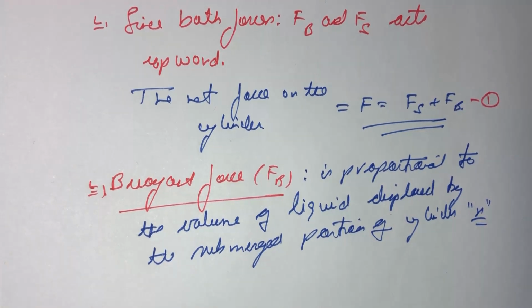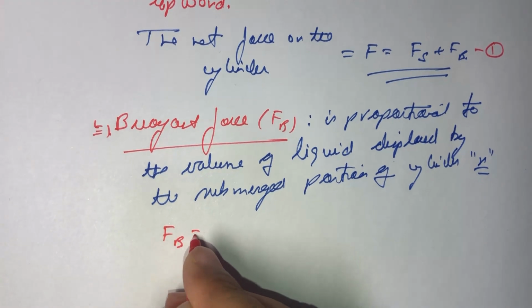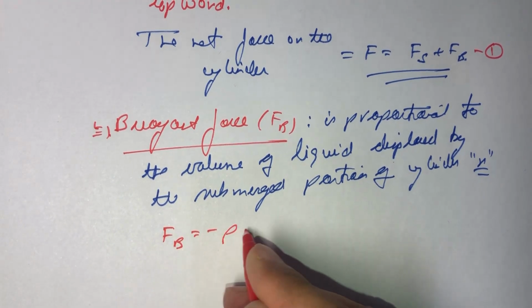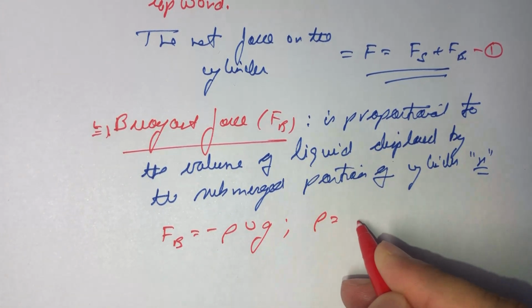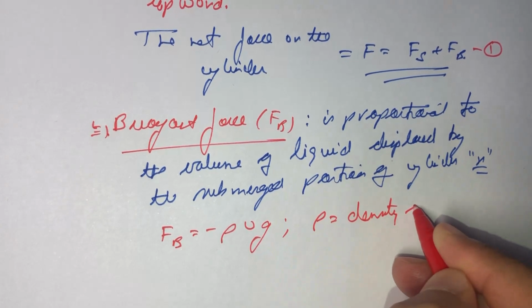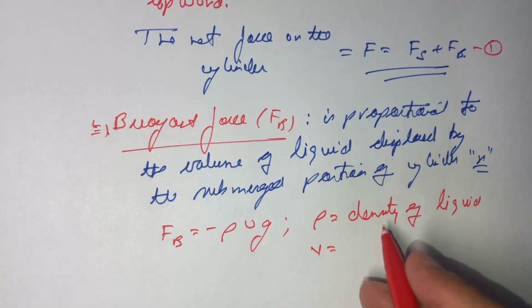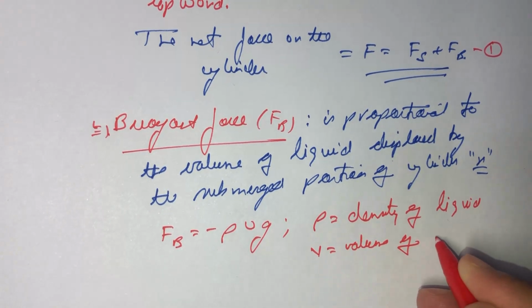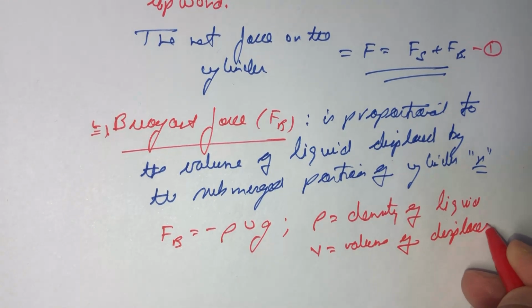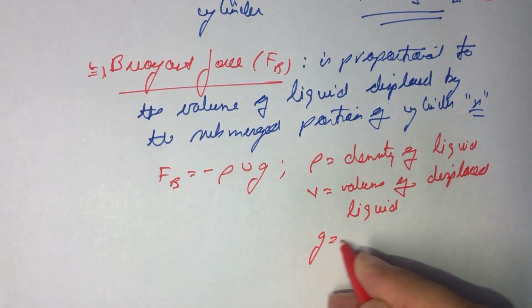So therefore we can write Fb will be equal to minus rho Vg, where rho is the density of the liquid, V is the volume of the displaced liquid, and g is the acceleration due to gravity.